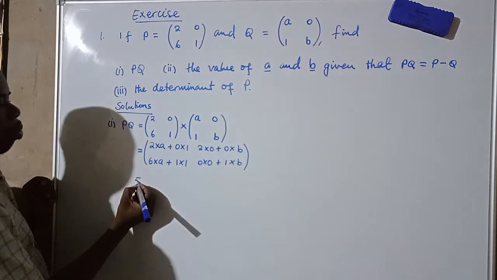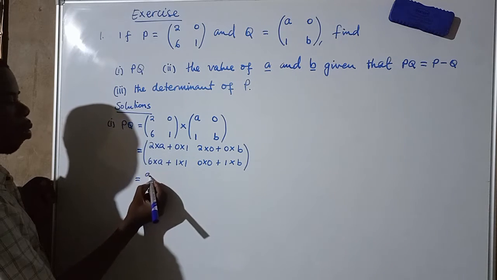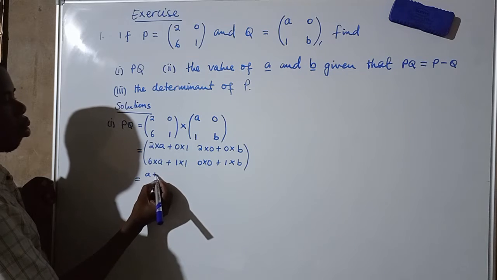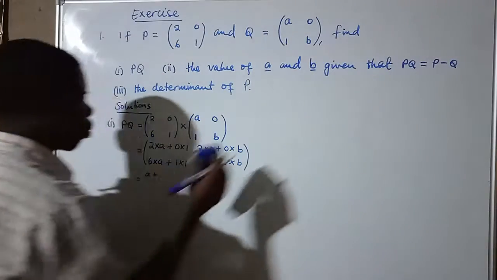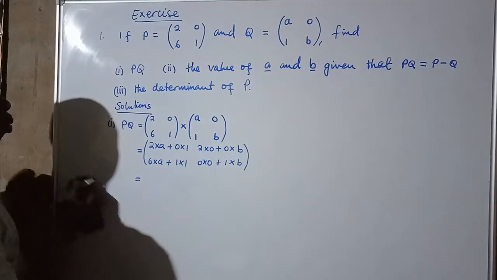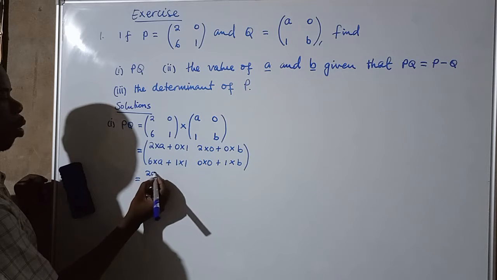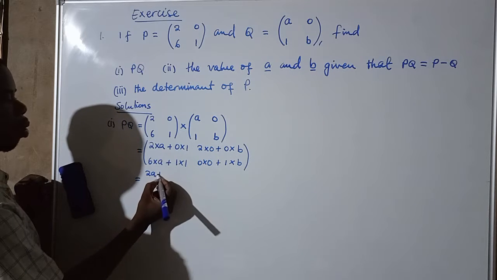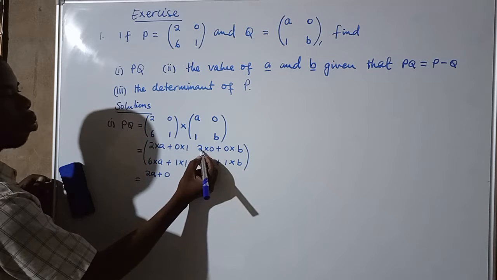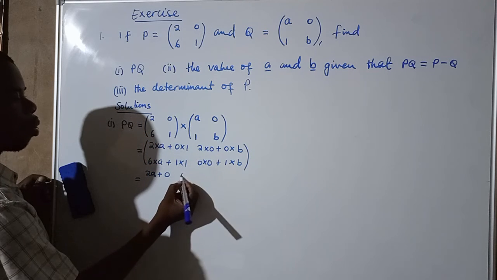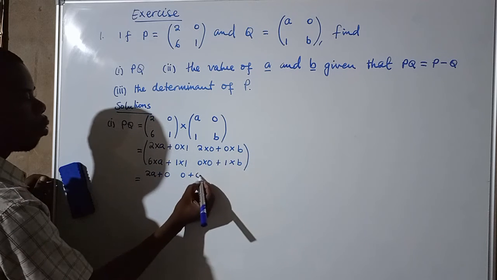Then we say equals: 2 times A, it will be 2A, plus 0 times 1, it will be 0. Then 2 times 0 is 0, plus 0 times B, it will be 0.